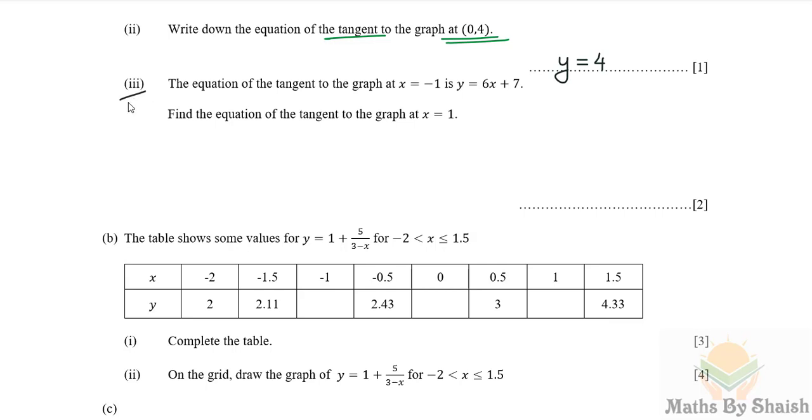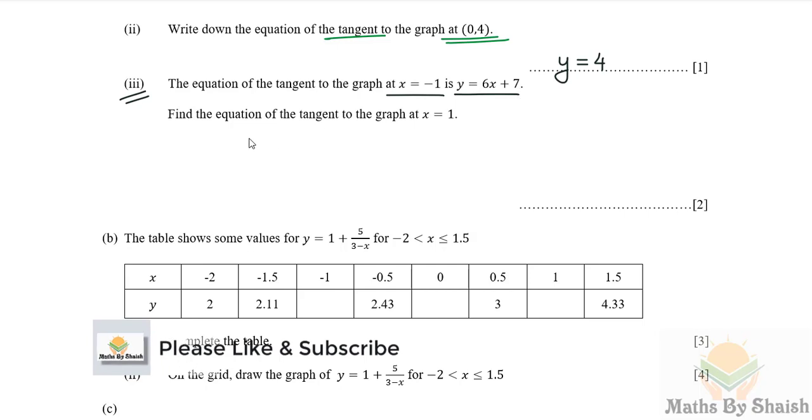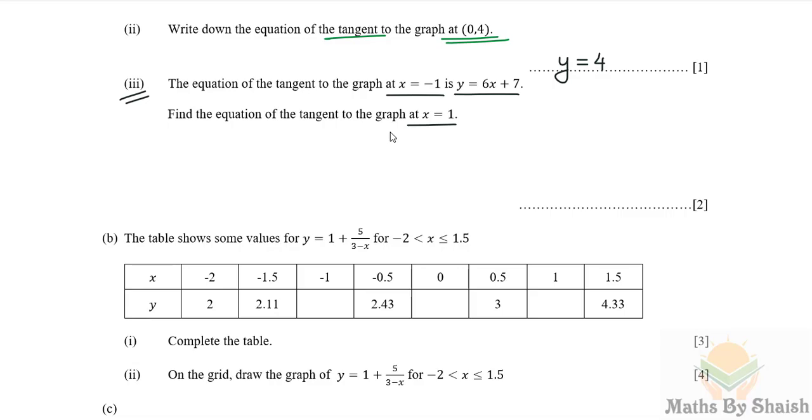Now the third part. The equation of the tangent to the graph at x equals minus 1 is given as y equals 6x plus 7. Find the equation of the tangent to the graph at x equals 1. It would be very clear if you see from the graph. Let's check from the graph directly.